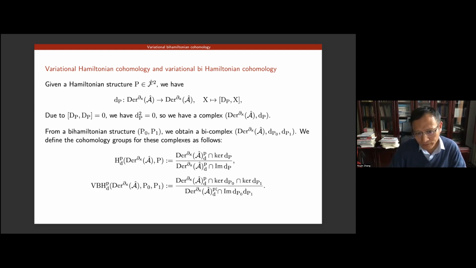Okay, so these variational bihamiltonian cohomology groups and also the variational Hamiltonian cohomology groups will be used for the study of transformation rules for Hamiltonian or bihamiltonian structures and linear reciprocal transformations.